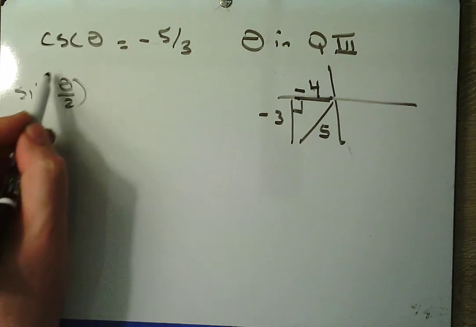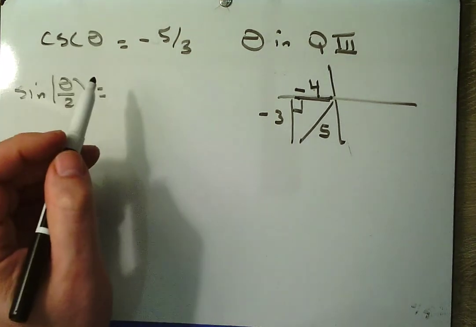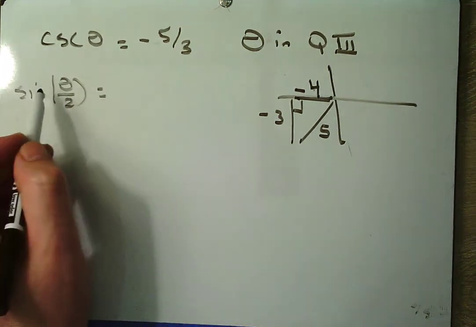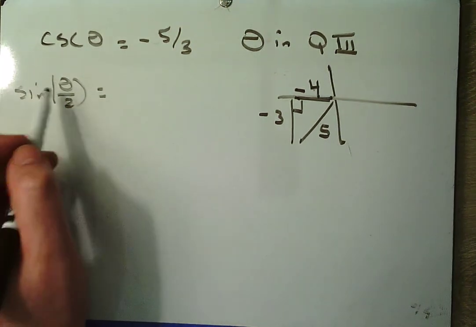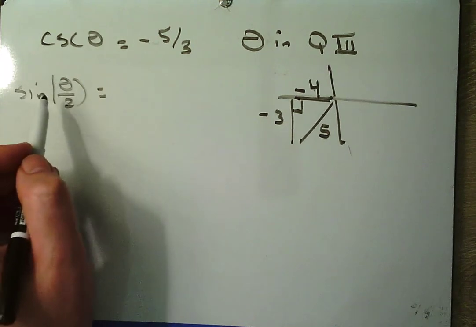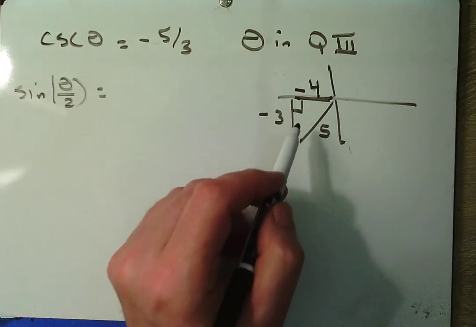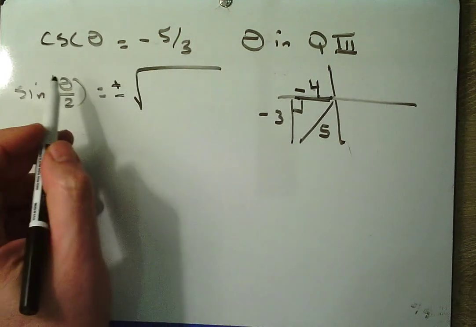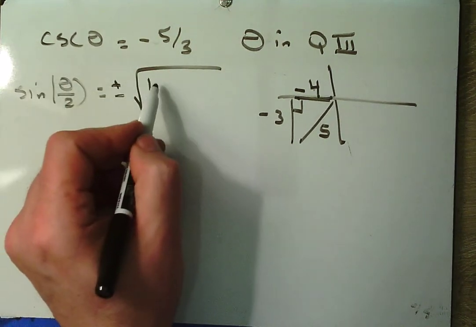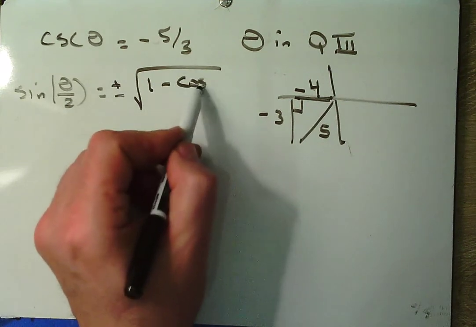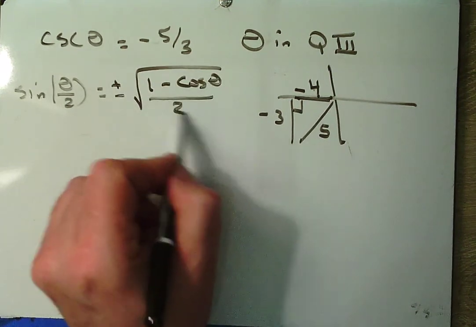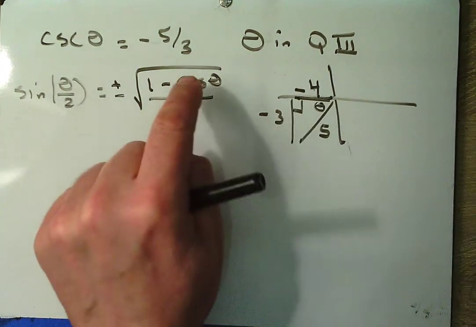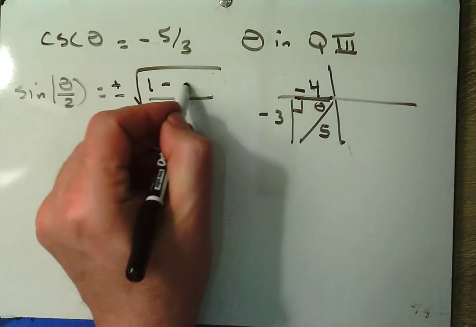Sine of theta over 2. Well, that's going to be sine of an angle half as big. Oh, we should talk about that because I'm not sure yet. So I'll leave that plus and minus there. 1 minus cosine of theta over 2 is the formula. Cosine of theta. Well, cosine of theta is -4/5.